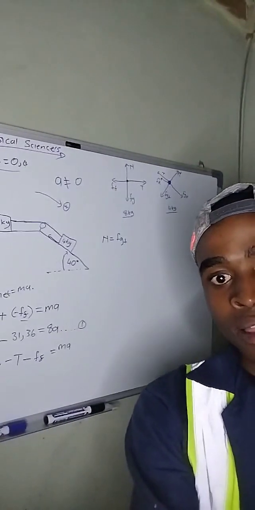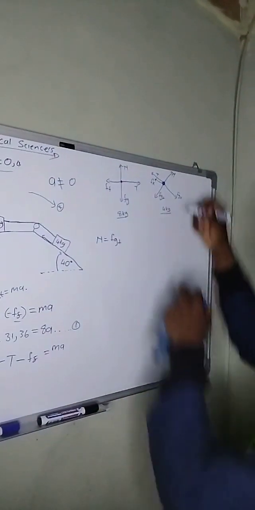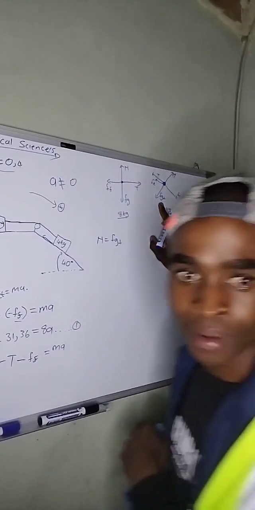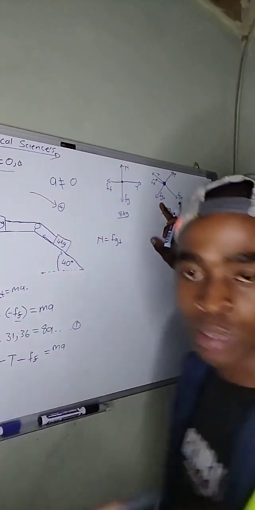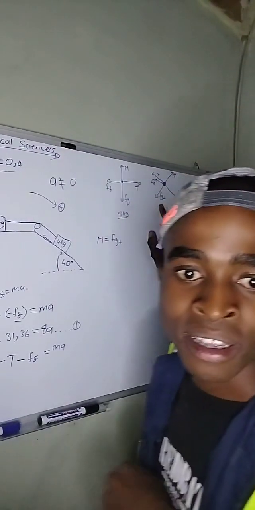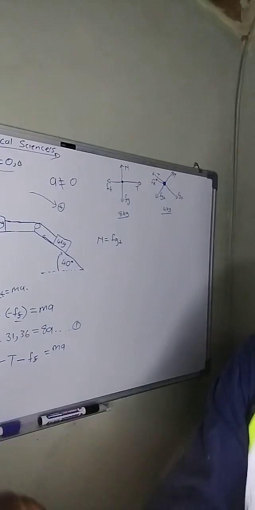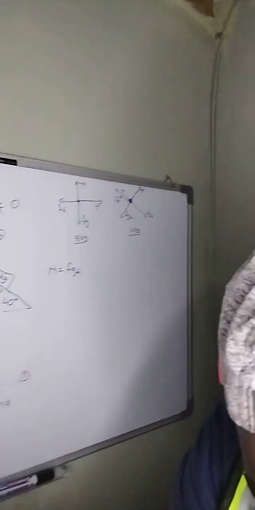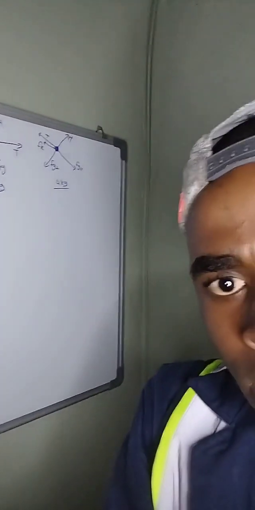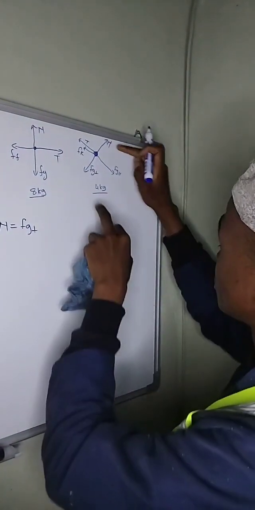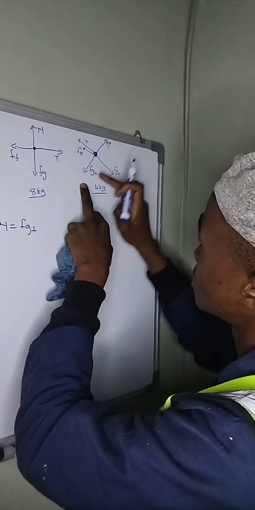Because the normal force is going to be the resistive force for this guy. Let me bring the camera closer. This normal force will be the resistive force for this one.